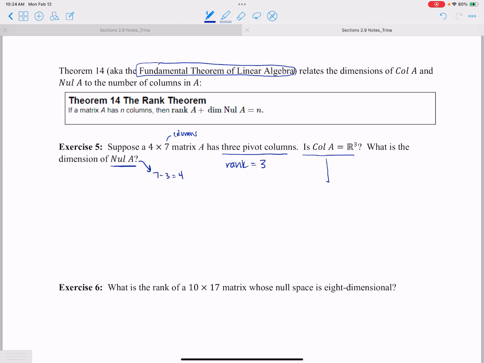There are 2 things I need to check for the column space of A. I do know that it has dimension 3, and so does R3, so the dimensions match up, but I want to make sure the columns live in R3.